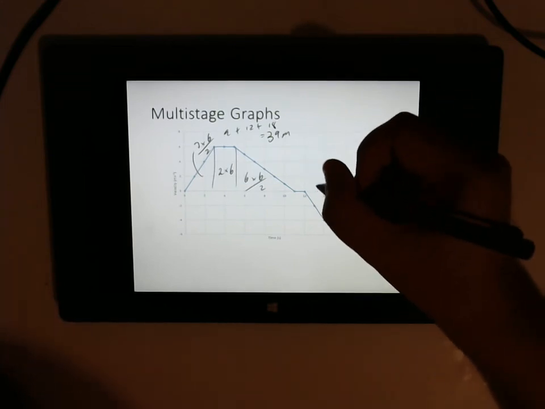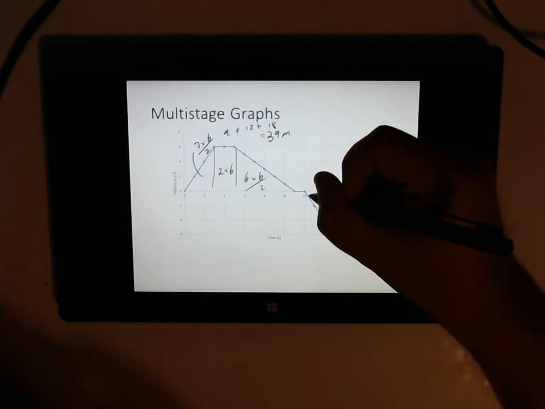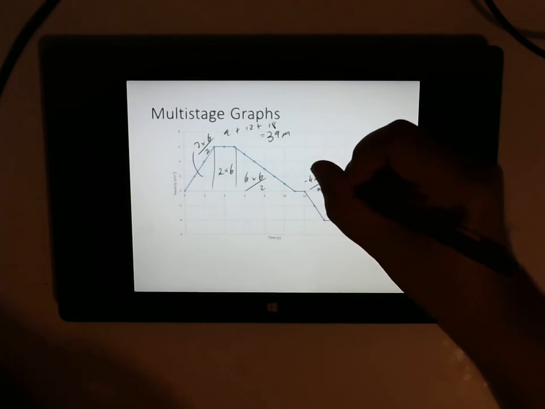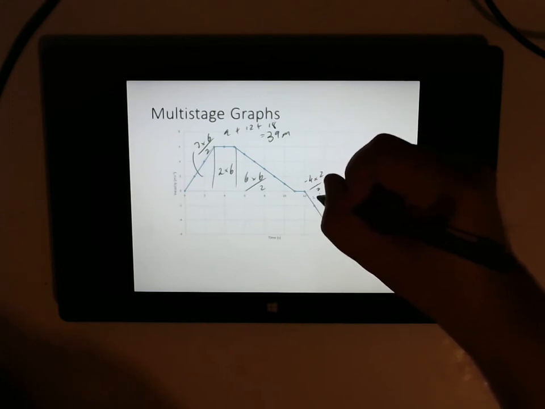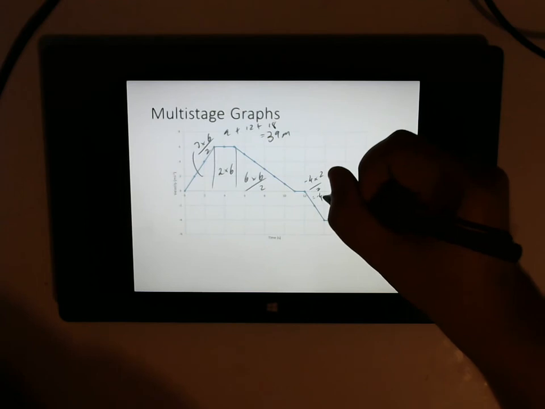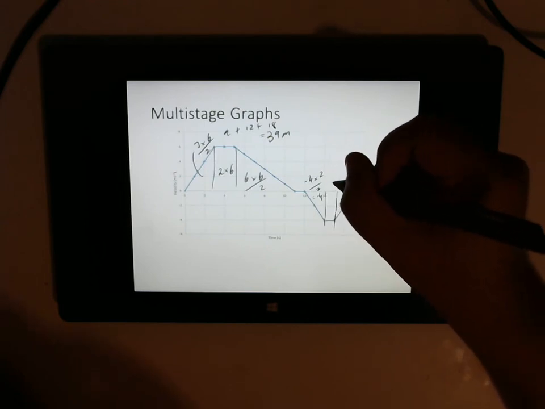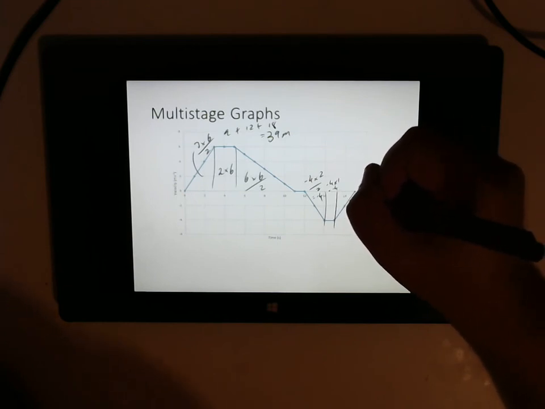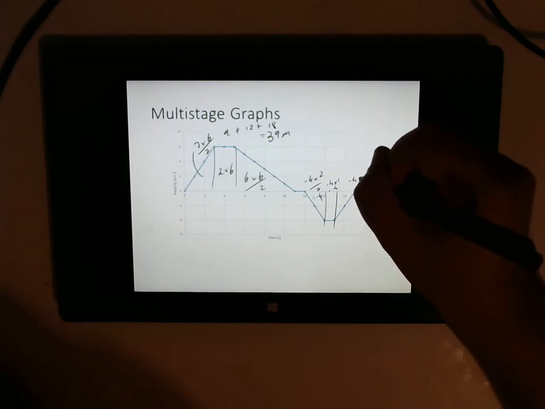And so if I was to work this section out, I go, well, here it's a triangle, height is negative 4, times went for 2 seconds, divided by 2, so that's going to equal negative 4. This bit here, 14 to 15, is negative 4 times 1 equals negative 4. This section here is again from 15 to 17, so that's going to be negative 4 times 2 divided by 2, again equals negative 4.